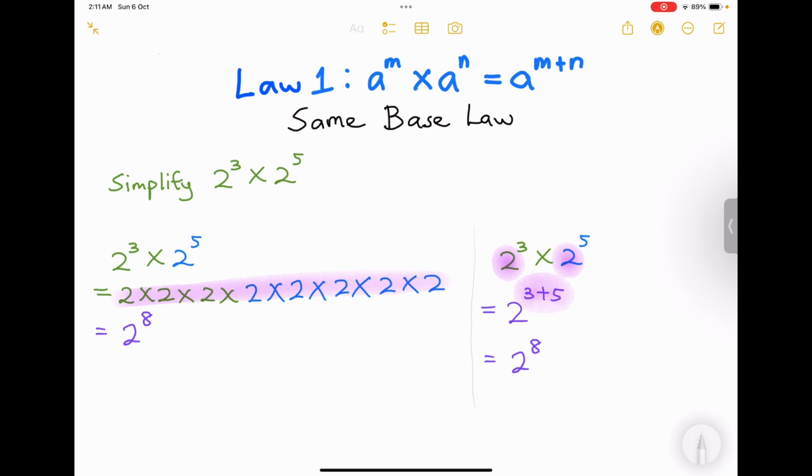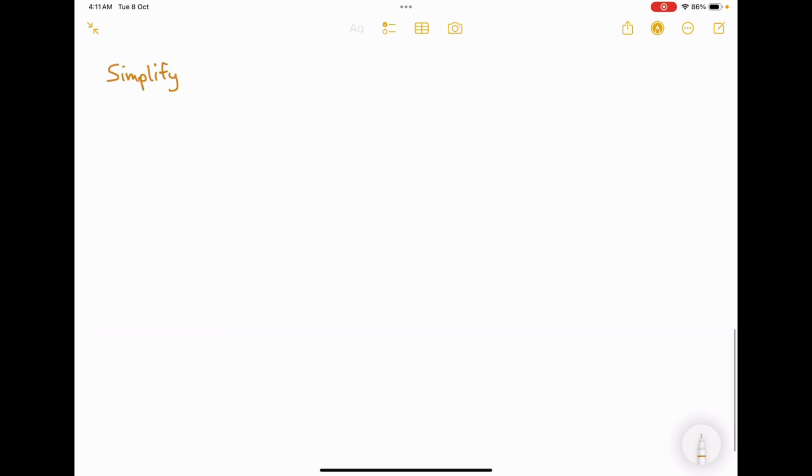Let us look at another example. Simplify 7 to the power 6 times 7 to the power 4.